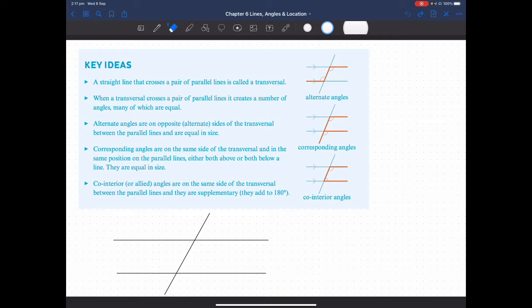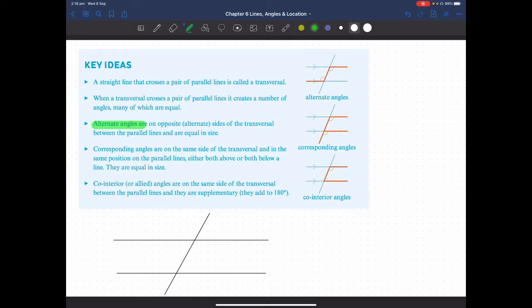Here are our parallel lines with the transversal. So the first one we're going to look at are called alternate angles. Alternate angles are on opposite sides of the transversal.